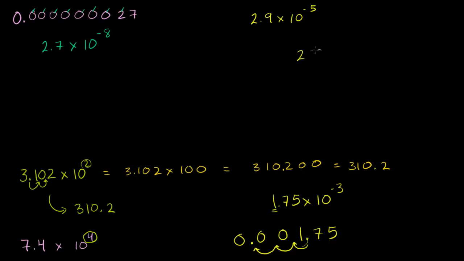So you have a 2 and a 9, and then you're going to have 4 more zeros, 1, 2, 3, 4, and then your decimal. How did I say 4 zeros? Because I'm counting 1, 2, 3, 4, 5 spaces behind the decimal, including the leading numeral.